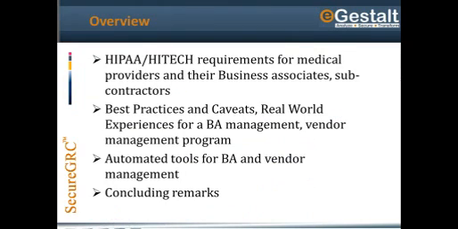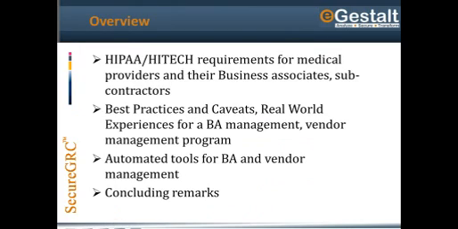With respect to the items that I'll be presenting today, I'll start off by talking about HIPAA HITECH requirements for medical providers and their business associates and subcontractors.